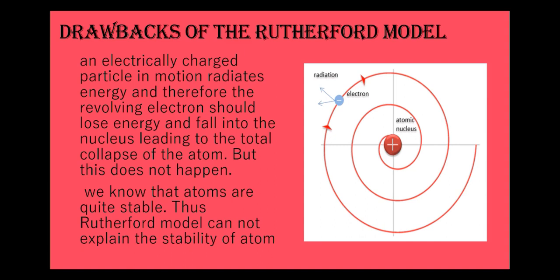So why is this so? Why are electrons stable? Why are atoms stable? What is the reason that these electrons are not dropping down from their orbit? The Rutherford atomic model was not able to explain this stability of an atom. So this was the drawback of the Rutherford atomic model.